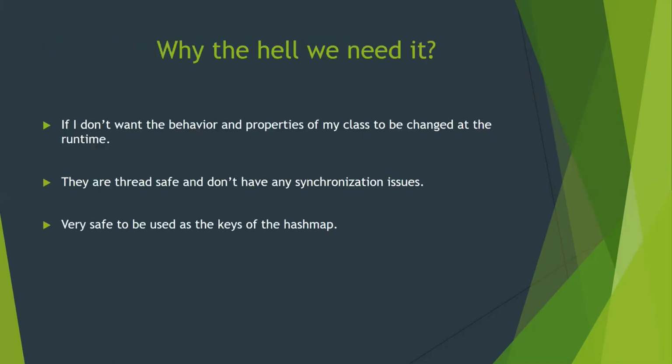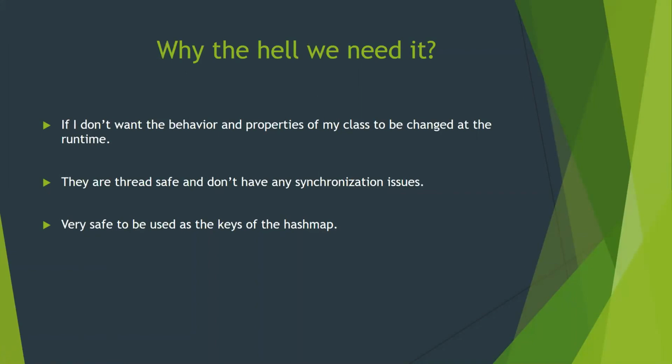So the question comes, why do we need such a type of class? In Java, there are so many requirements where you want the behavior and the properties of your class not to change at runtime. To ensure this functionality, we need a class which is immutable.